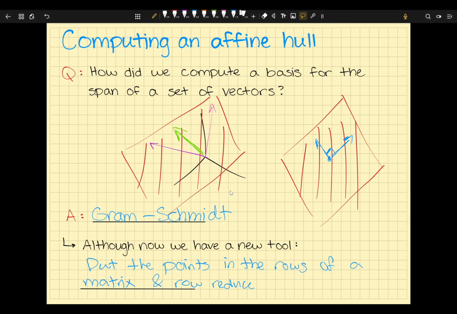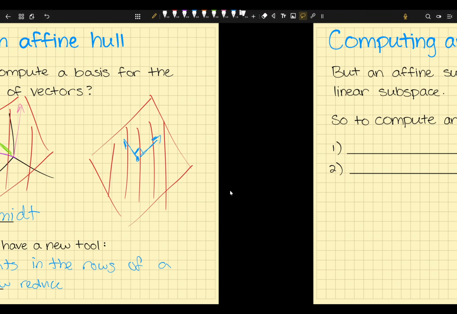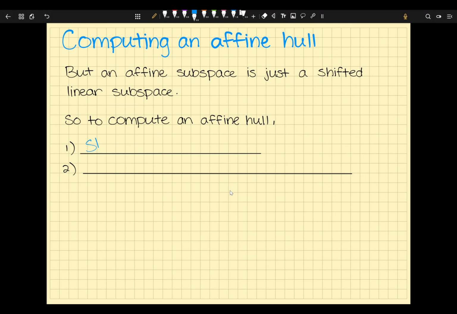But if we wanted to compute a basis for an affine subspace, well, an affine subspace is just like a shifted linear subspace. So to compute an affine hull, all we do is first we shift to the origin. And then we do what we already knew how to do. Then we can apply Gram-Schmidt or row reduction.